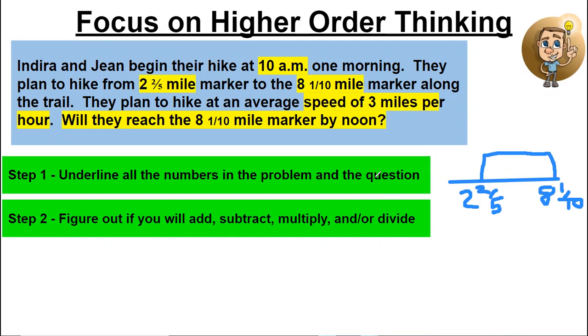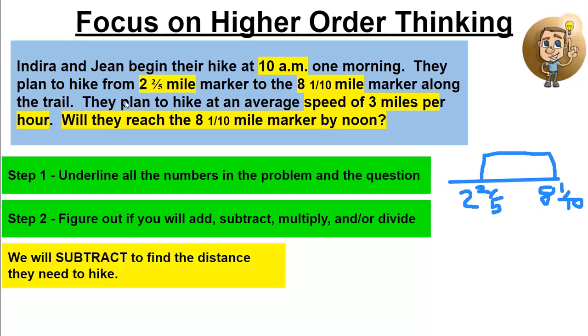How do we figure out how far away something is? We find the difference, right? So that tells me we're going to do a subtraction for one of the parts. So we will subtract to find the distance they need to hike.